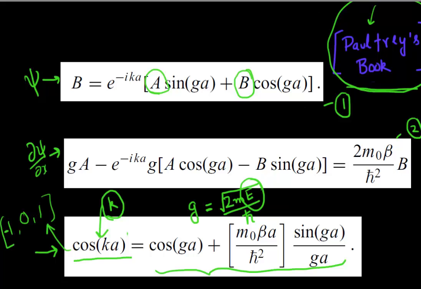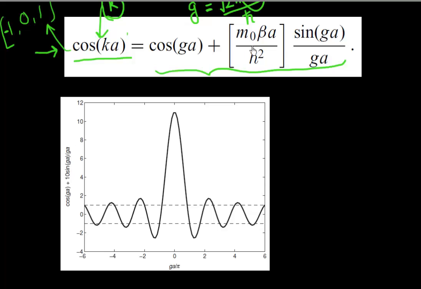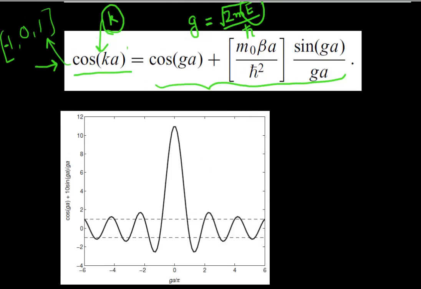So what I've done is plotted this function out, and if you take a closer look, this term is just related to g, or is just related to energy, and it's given by this cosine function which is periodic, and it's also a superimposition of this sine x by x function, and this term over here is a constant.